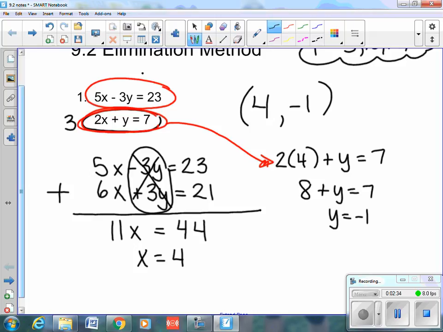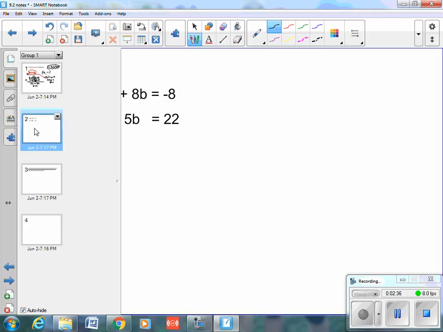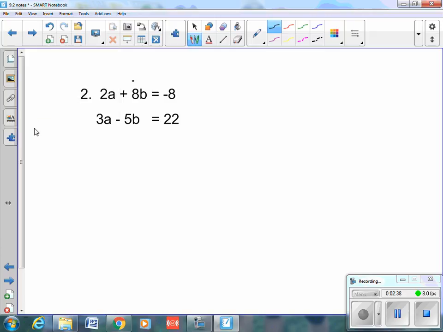Okay, the next template is just going to be a little bit harder. The reason why this is harder is because in the first problem, I only switched one equation. In this problem, I need to switch both equations. So, let's just look at the two equations really quickly. I'm going to look at the a's first of all, and you have to think of a number that's bigger than 2 and 3.